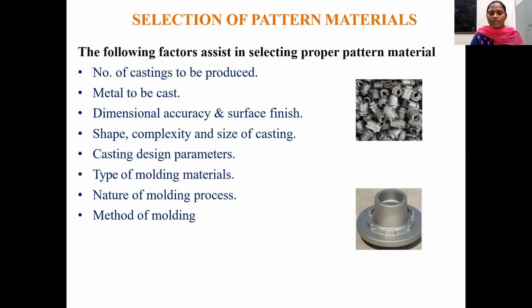These wooden patterns are weak compared to metal. Metal patterns can withstand the high pressures induced by the machines, but wood cannot. So wooden patterns are choosable for hand molding methods, and metal is widely used in machine molding processes.